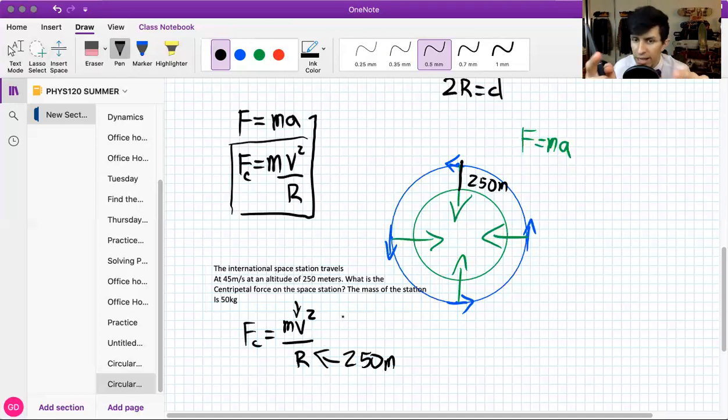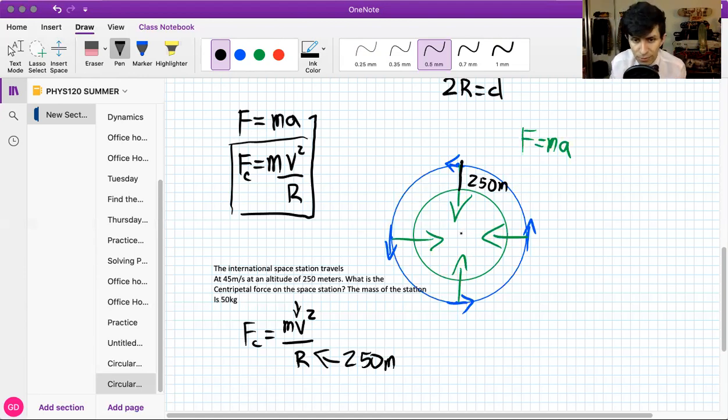And here is why. As I mentioned, the radius is the distance from the object to the center of that circular motion. So if the blue circle is how it's supposed to be, the altitude doesn't justify the radius. That's only a little part.